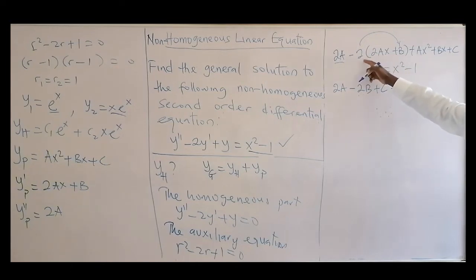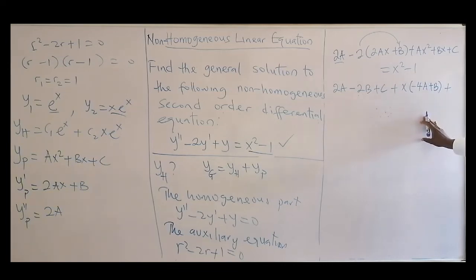We have here minus 4a, so x into brackets minus 4a. Another x term is plus b. And finally, another one we have is x squared, that's the only one we have here, that's plus ax squared, equal to x squared minus 1.